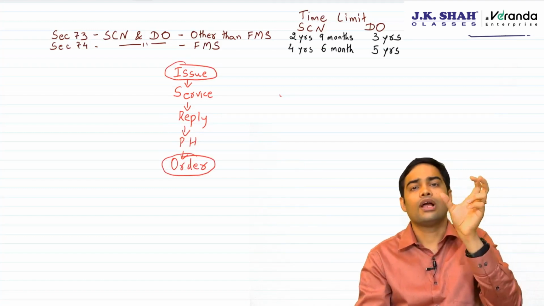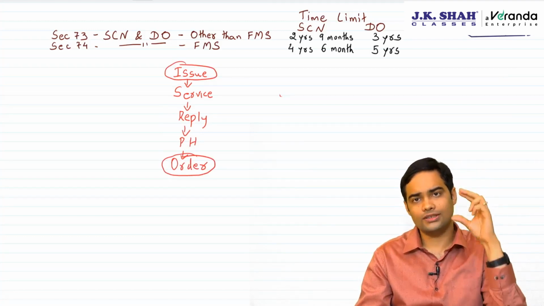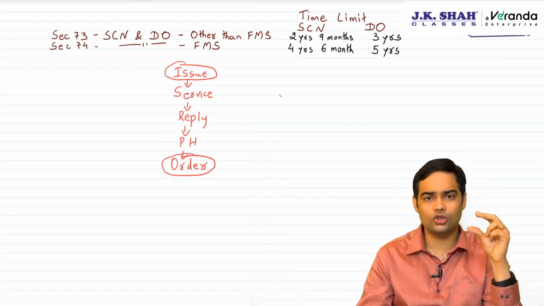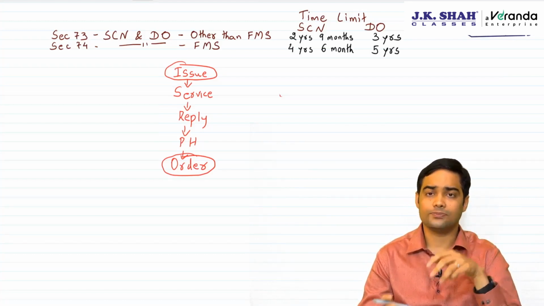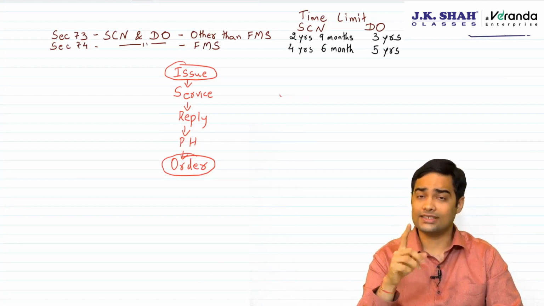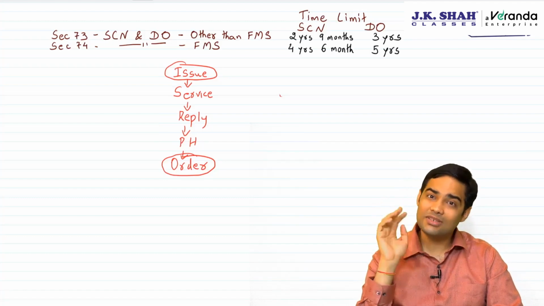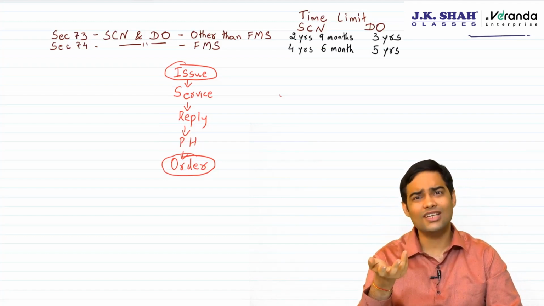That means all the other processes should be completed within that time. So there is a time limit or last date to issue notice, last date to issue order. Remember, these are last dates to issue orders or notices. That means, say suppose a fraud is done in August. Can a notice be issued in August? Yes, obviously.